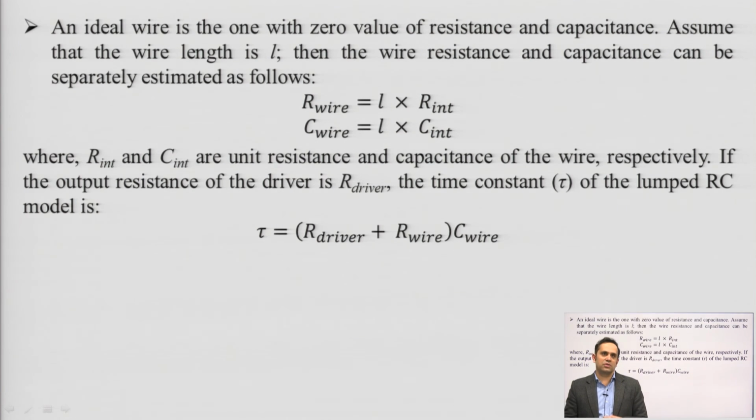Once you know these values, multiplying them with the length of the actual wire provides you with the resistance and the capacitance of the wire. In that case, the time delay introduced is the resistance of the driver plus the resistance of the wire, added together and multiplied with the capacitance of the wire.